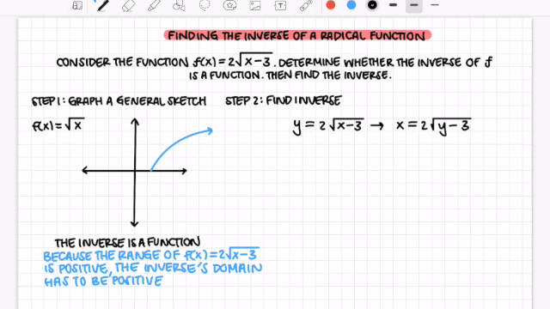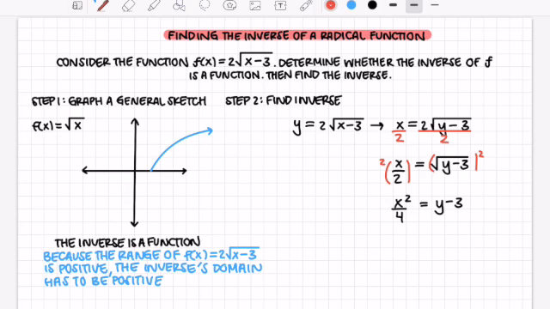Now I can do every single step that I did, where I divide 2 to both sides, and I get x over 2 equals the square root of y minus 3. Then square both sides to get rid of the square root, and we get x to the power 2 over 4 equaling y minus 3.